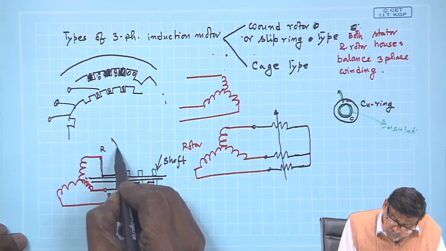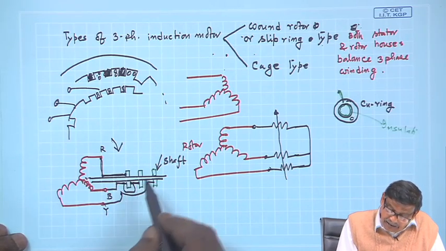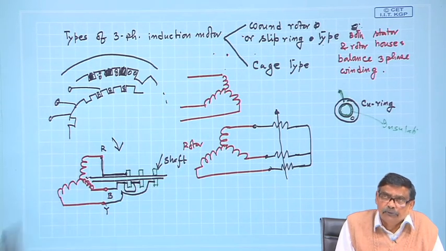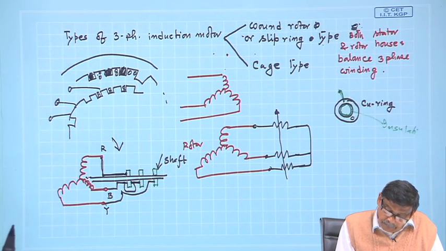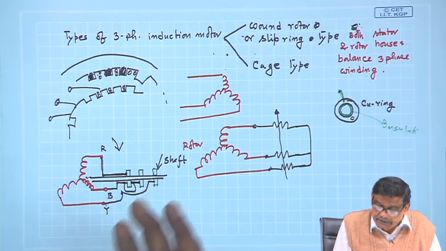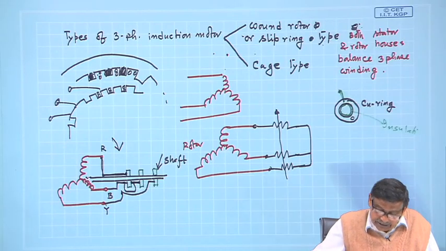Now, as the rotor will rotate, and since these rings are on the shaft, these rings too will rotate. Does it solve my problem? Not really yet. You have to do another extra thing.